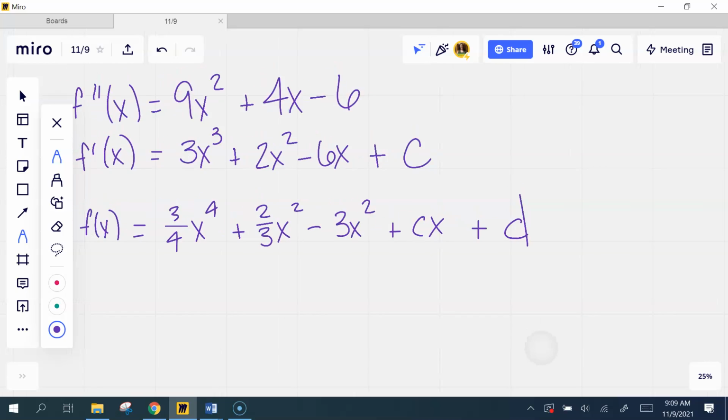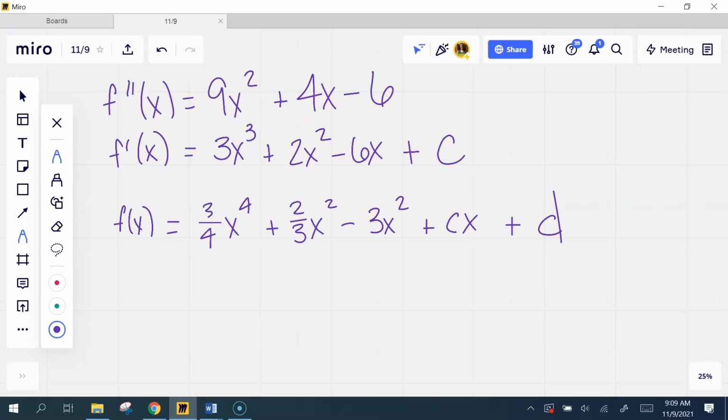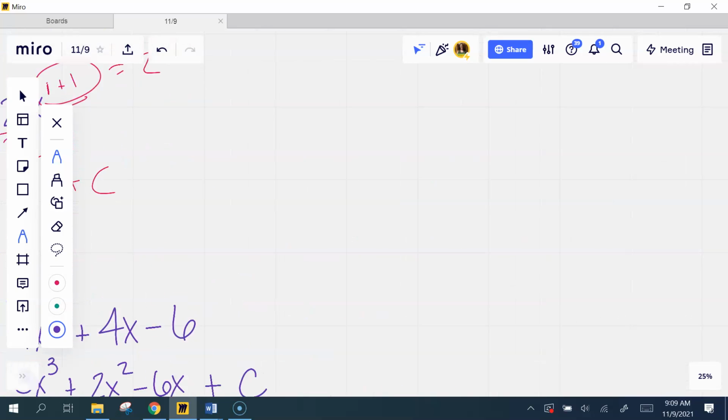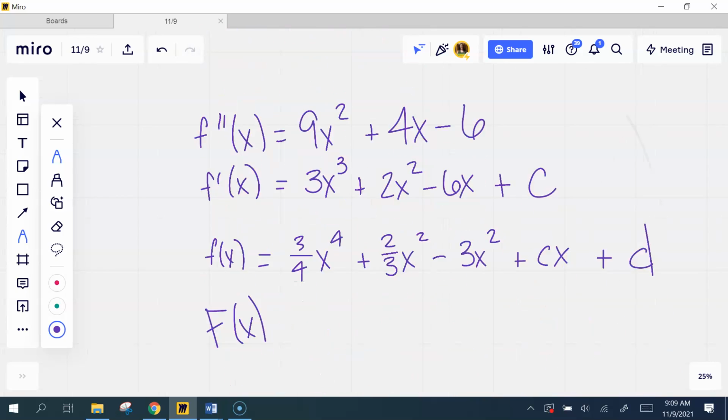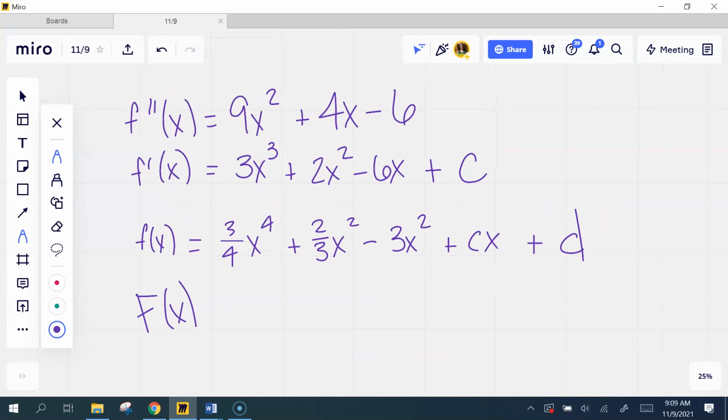If you did it again, which we're not, the next one would be big F. You don't have to go any further. Remember, plus 1, and then you divide.